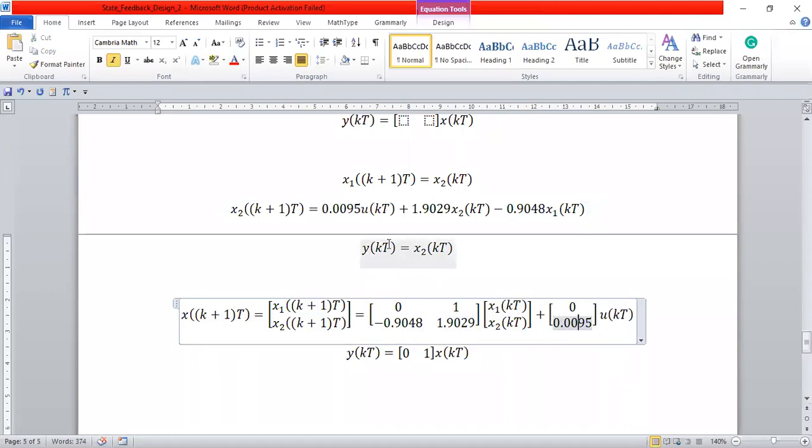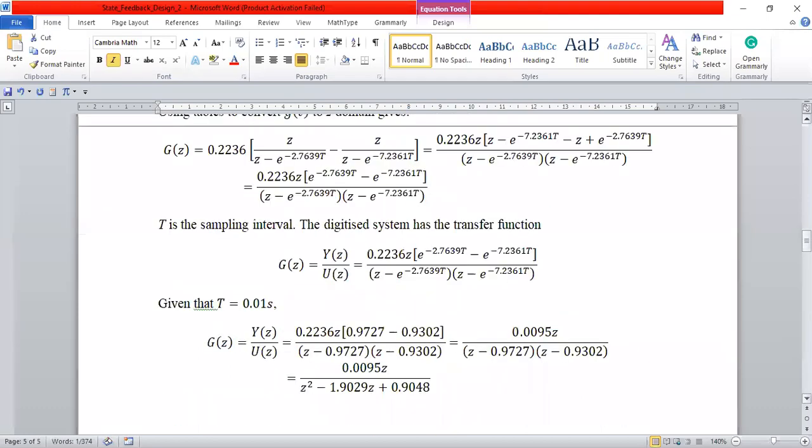Then the output is x2 of k. And x1, the contribution of x1 is 0. The contribution of x2 is 1. So this example is just to reinforce what we did last week.